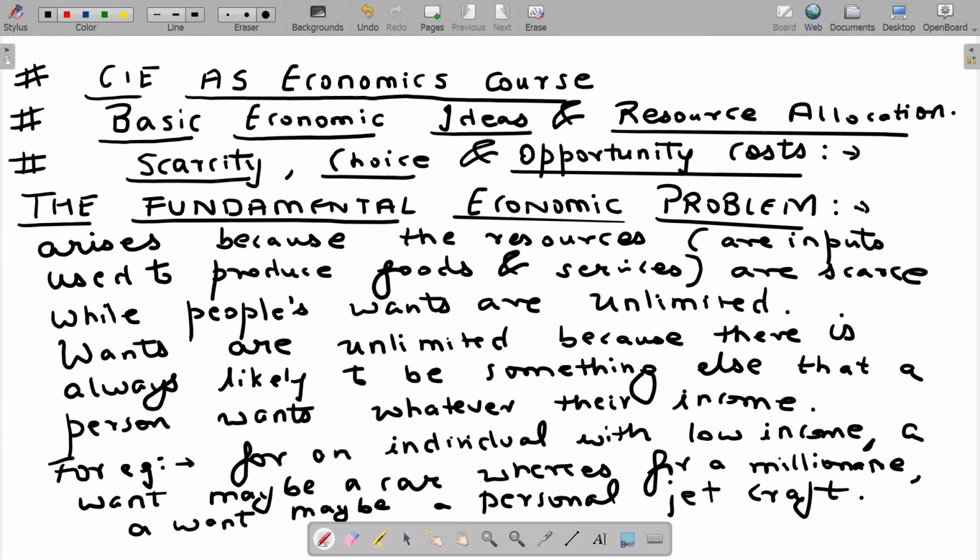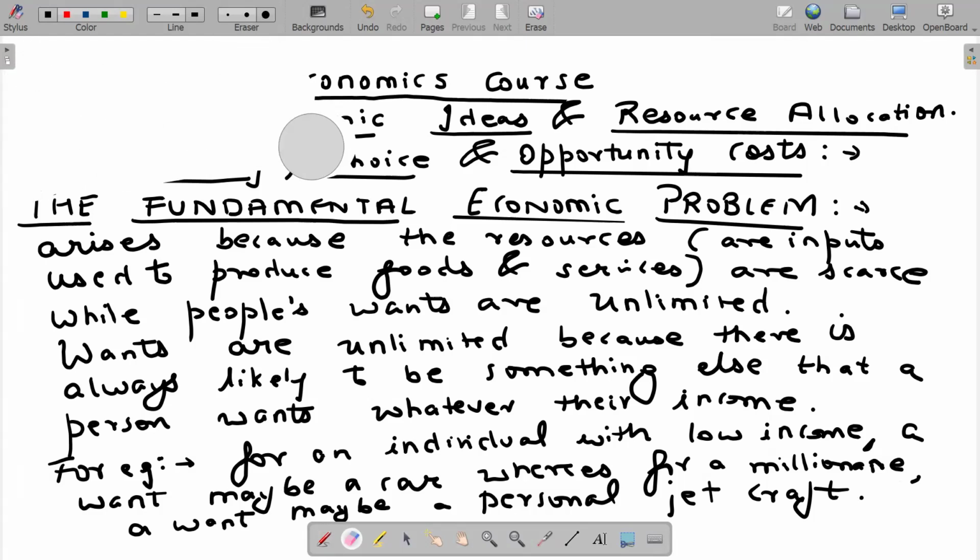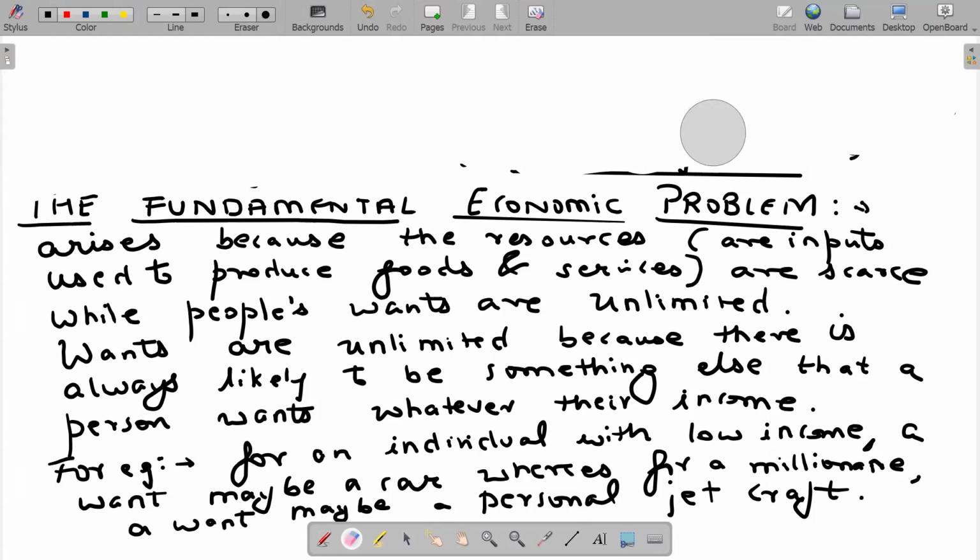Students should understand that wants and needs are two different things. So let me come to that. I can erase the initial portion and continue with the explanation on the top. I hope students are also making notes along with me. When we talk about wants and needs, they are different.